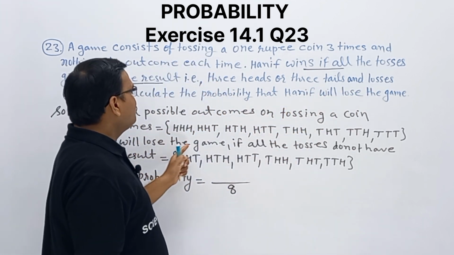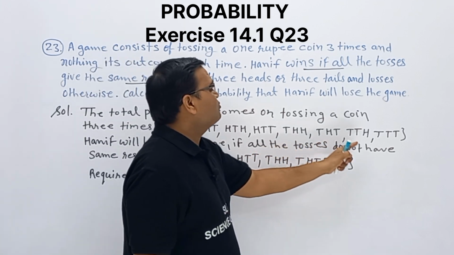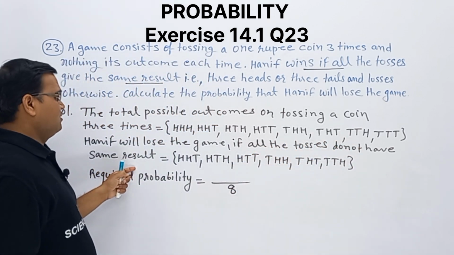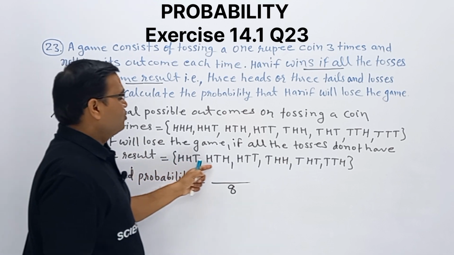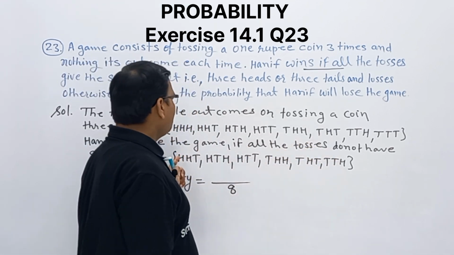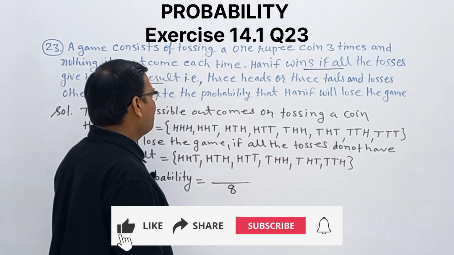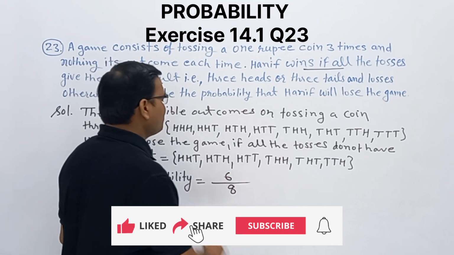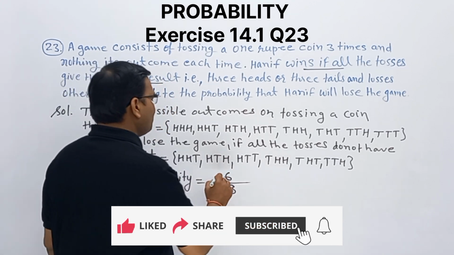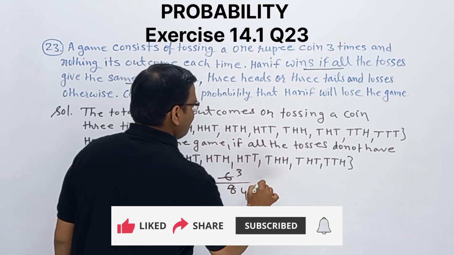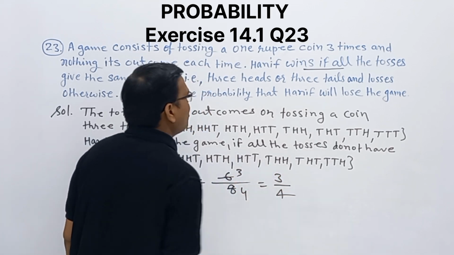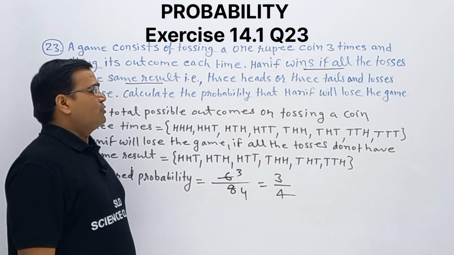Hanif will lose the game if all the tosses do not have the same result. Clear? So 6 times we are not having the same results. So the number of favorable outcomes will be 6. Solve this one: 3 times, 4 times. So 3 upon 4 will be the required probability of this question.